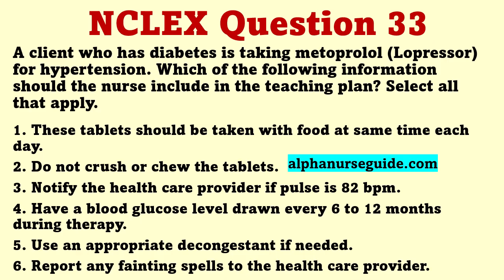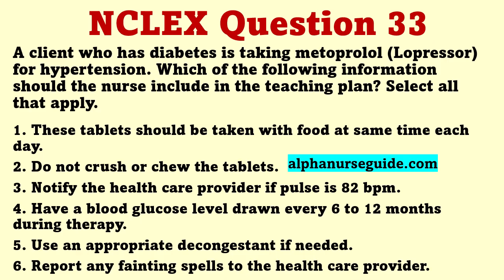The correct answers are 1, 2, 4, and 6. Metoprolol is a beta-adrenergic blocker indicated for hypertension, angina, and myocardial infarction. The tablet should be taken with food at the same time each day. They should not be chewed or crushed. The healthcare provider should be notified if pulse falls below 50 for several days. Blood glucose should be checked regularly during therapy, since increased episodes of hypoglycemia may occur.